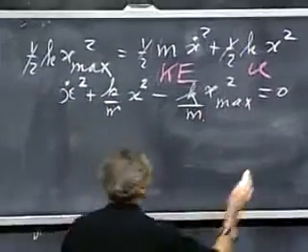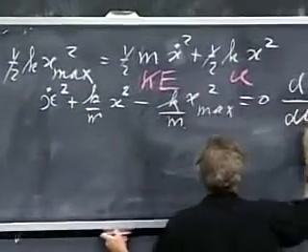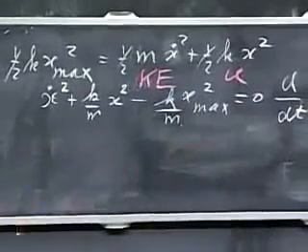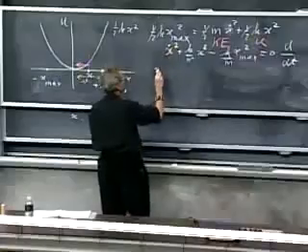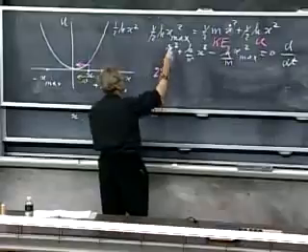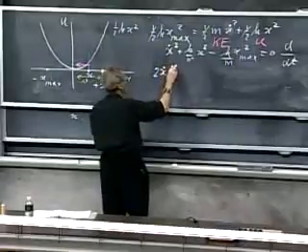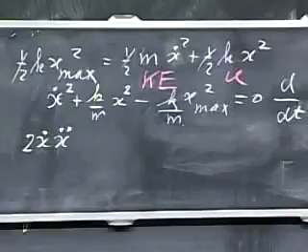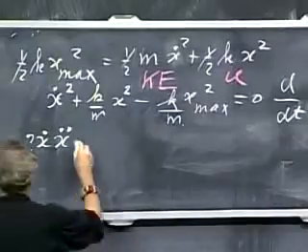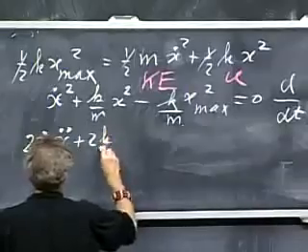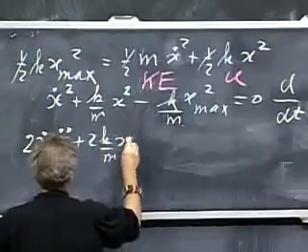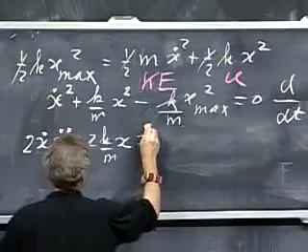And now I'm going to take the time derivative of this equation, and you'll see something remarkable falling in place, just for free. I take the derivative versus time, that gives me a 2 x dot, but I have to apply the chain rule, so I also get x double dot, the second derivative, the acceleration, plus I get a 2 k over m times x, but the chain rule gives me an x dot.